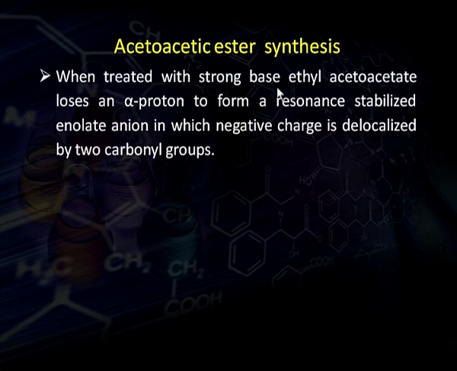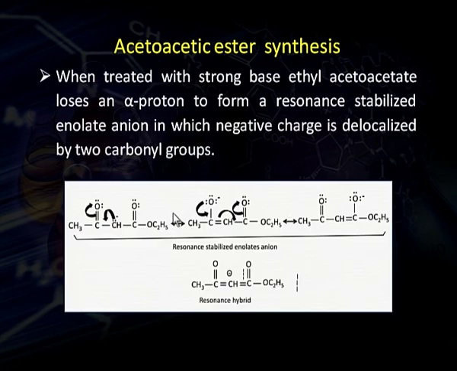When treated with a strong base, ethyl acetoacetate loses an alpha proton to form a resonance stabilized enolate anion in which the negative charge is delocalized by these two carbonyl groups.